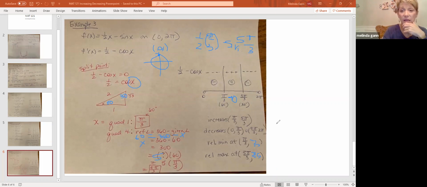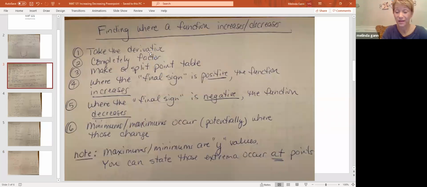But what you're going to end up doing on all of these, increasing and decreasing, I kind of did harder ones. Your homework's going to be a little bit easier probably. Remember what you do. You take the derivative, you clean it up, then you completely factor it. Then you take one factor and put it up here with a split point and put in a number smaller and bigger, right, and whether the answer is positive or negative.